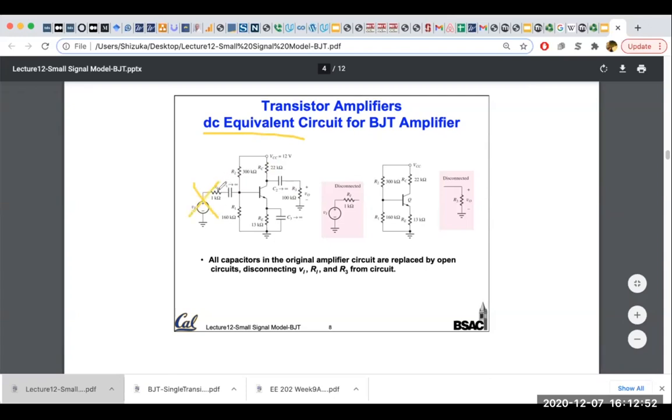Because this is 1 over j omega C, the cap will be open, disconnected. So you disconnect this, you disconnect this. So your system becomes just this one. You find the operating conditions. And the AC domain.